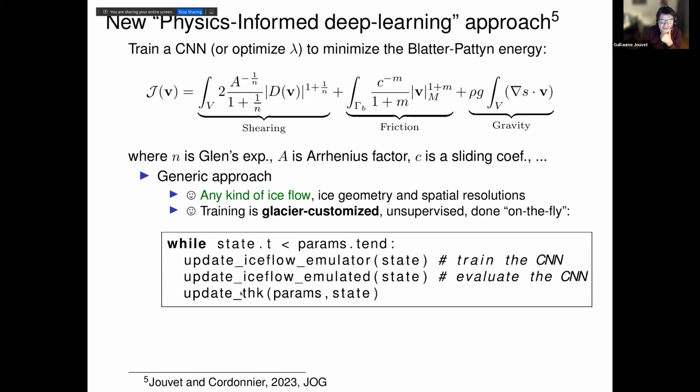And the nice thing is that at any time step, basically, we have an emulator, which means that it cannot pretend to be as generic as a Blatter-Pattyn model, but at any time it's very customized to the glacier we are interested in. At each time step, we are sort of adjusting the knowledge so that we have something which is always customized to the glacier that we are tracking. And that's really the idea of this.